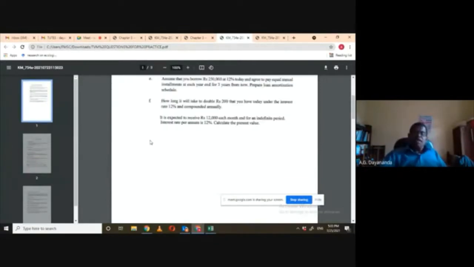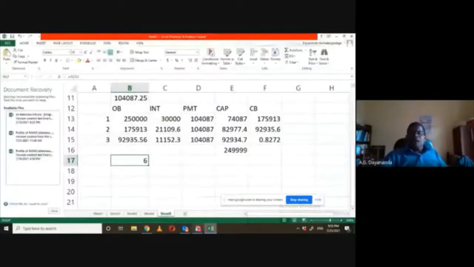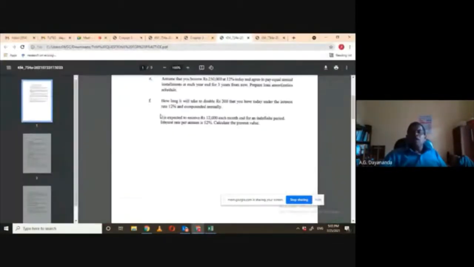I'm talking about this part now. It is expected to receive 12,000 at the end of each month for an indefinite period. Interest rate is 12% per annum. Calculate the present value. Right, we will do it.